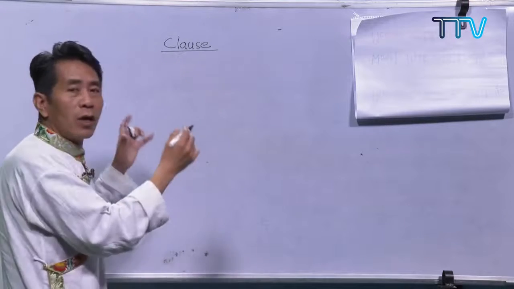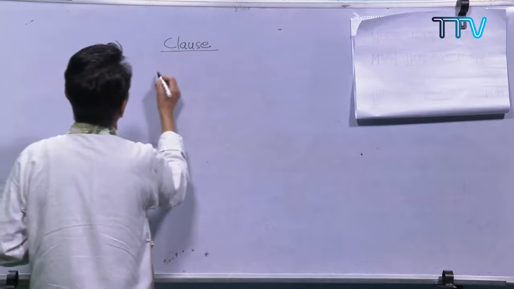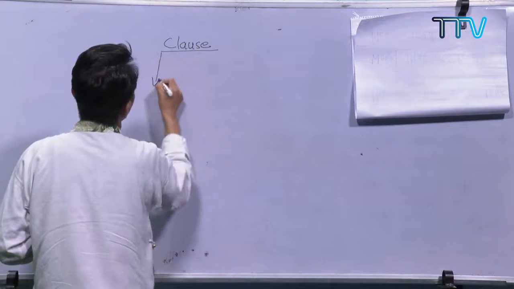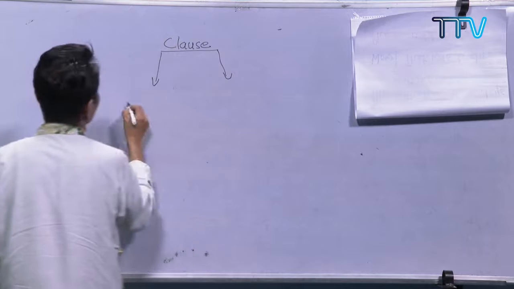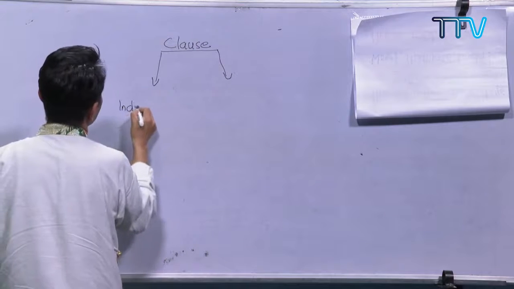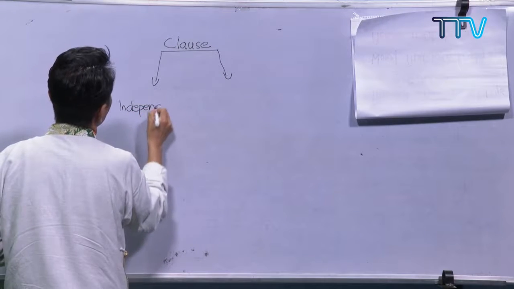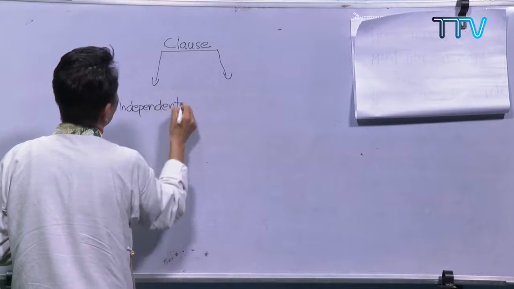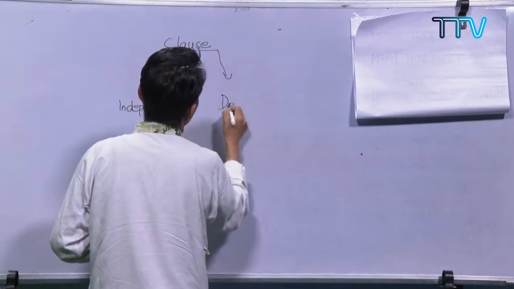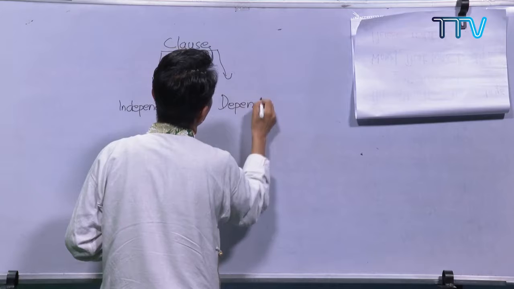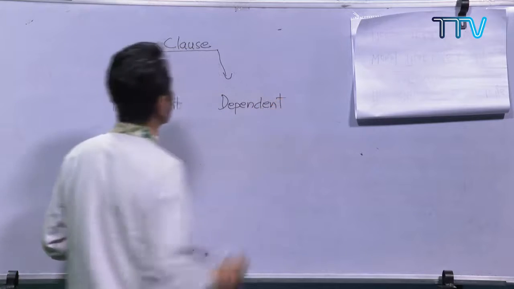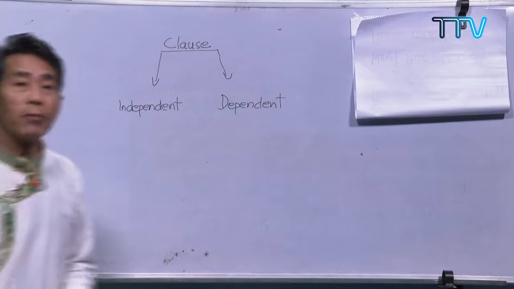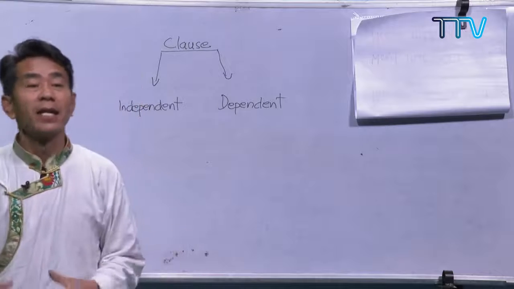So, for example, in the clause, we have independent and dependent. A clause can be of two types, independent and dependent.